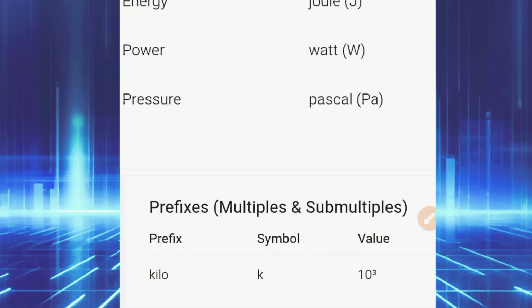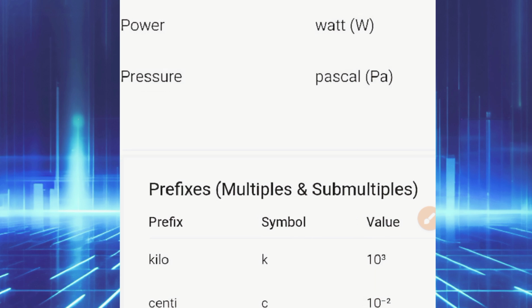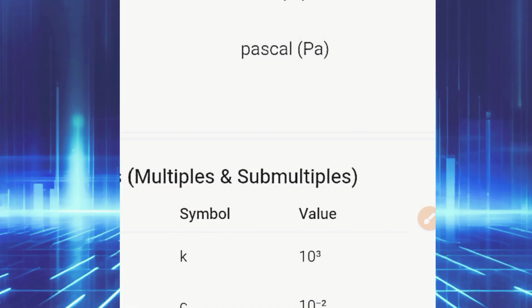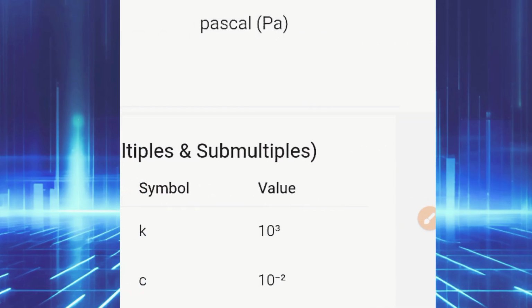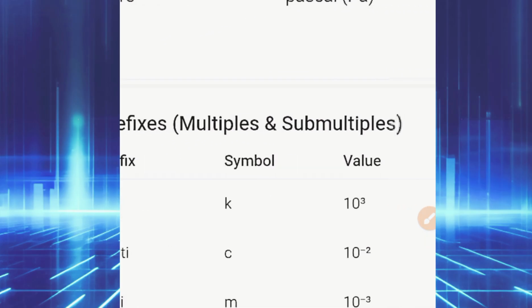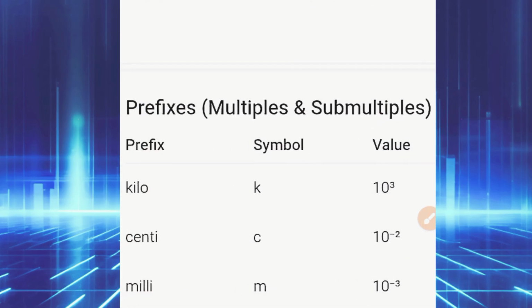Are you there? Now the prefixes, or multiples and submultiples. When you see kilo, this thing is very, very important. Kilo, the symbol is k, and the value of kilo is 10 raised to power 3. Don't forget.